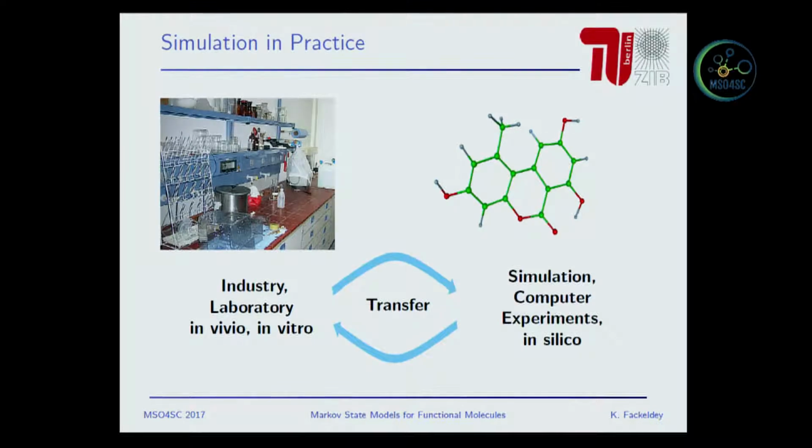So you see here, on the one hand there is the laboratory, and on the other hand there are the simulation methods where we have computer experiments, and we call these methods in silico methods, and the other ones are in vivo or in vitro methods. One example is altenariol.